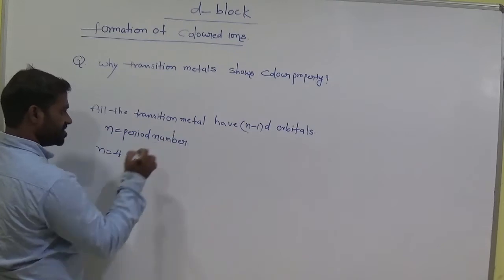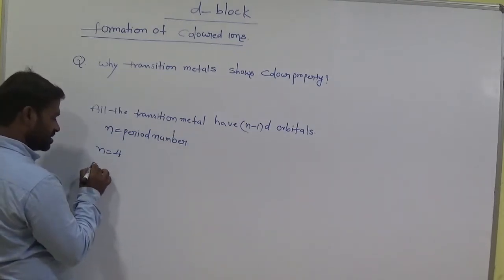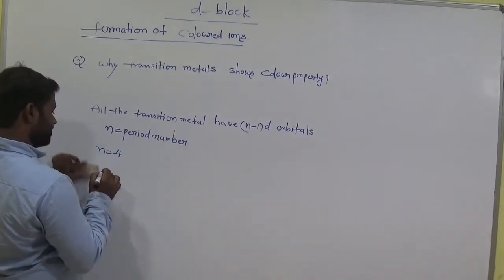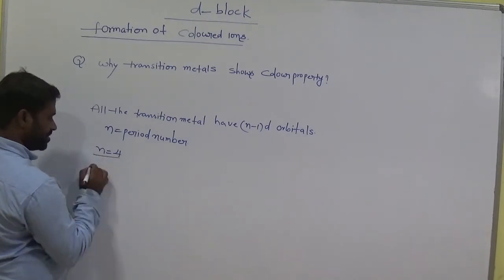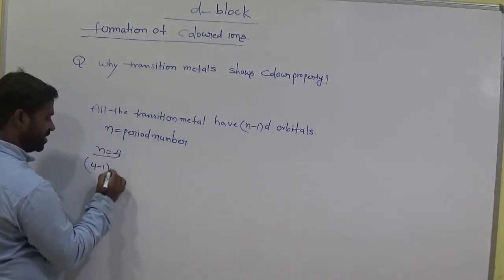Now which d orbitals? That is 4 minus 1 into d.